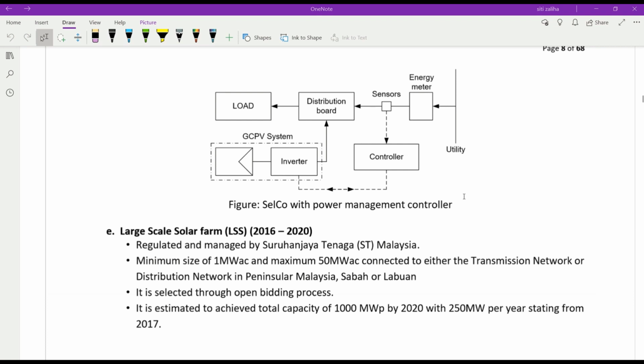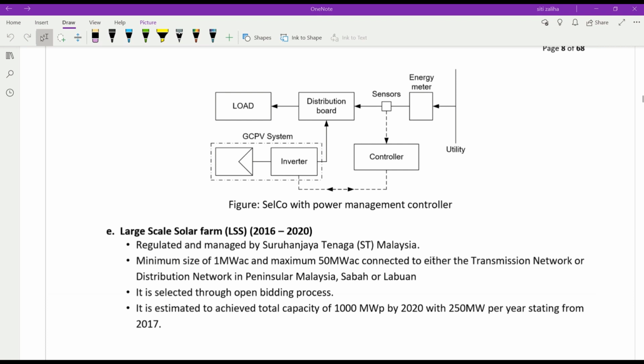Next one is large scale solar, LSS farm, begun in year 2016 until now, regulated and managed by Suruhanjaya Tenaga or Energy Commission Malaysia. Minimum size of 1 megawatt AC and maximum 50 megawatt AC, connected to either the transmission network or distribution network in Peninsular Malaysia, Sabah or Labuan.